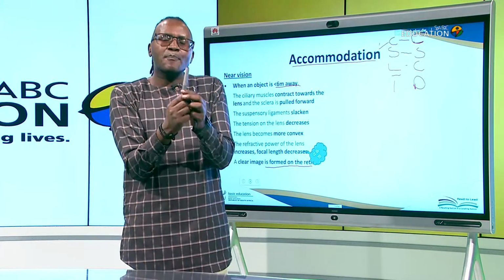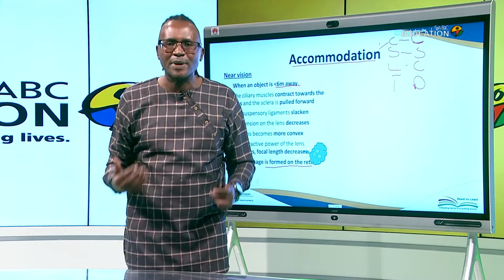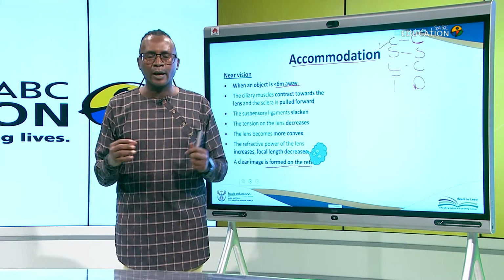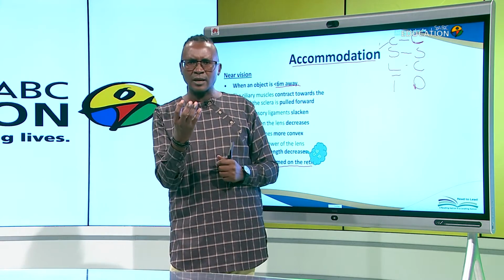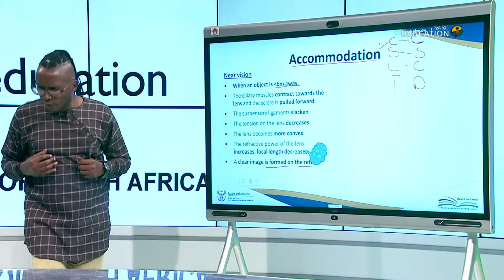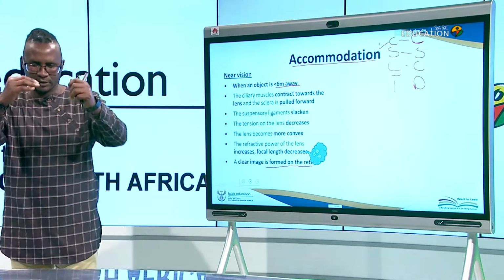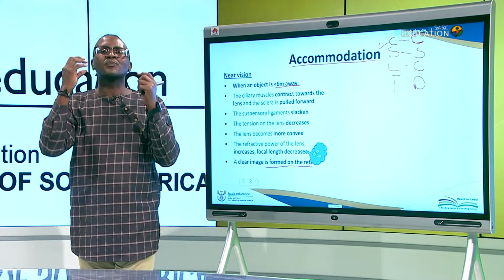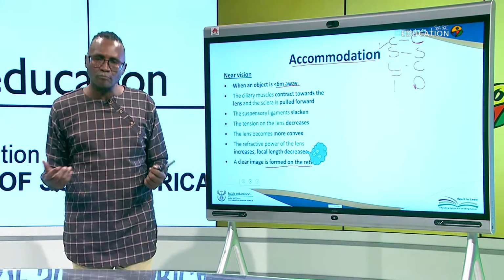When I look at a person closer to me, that's what's happening. The ciliary muscles will contract, and when the ciliary muscles contract, the sclera is pulled forward. And when the sclera is pulled forward, the suspensory ligaments slacken.